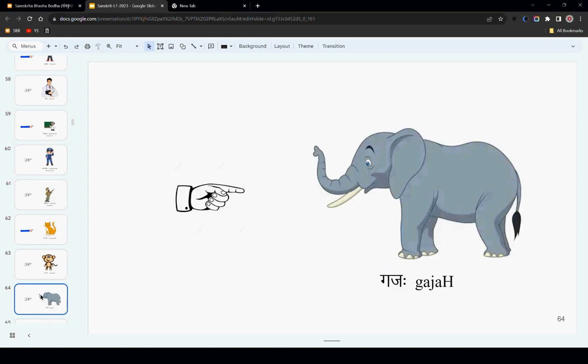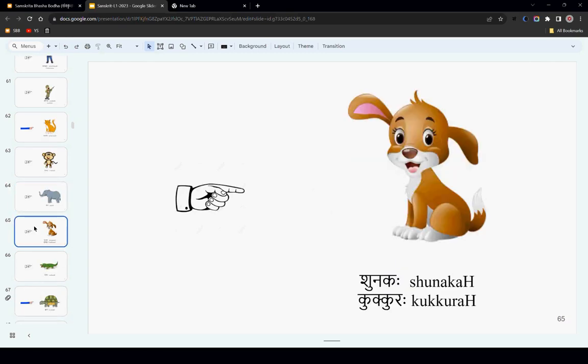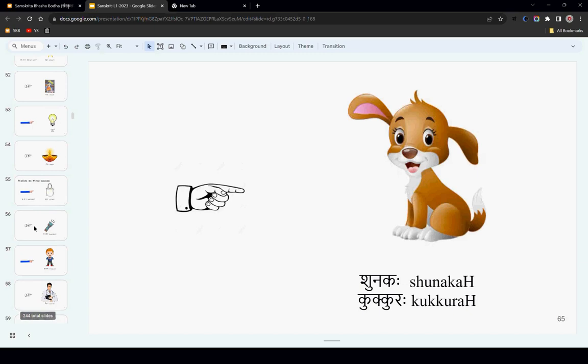Eshaha Gajaha, this is an elephant. Asti can be optionally added. Shunakaha, there are two different words here: Shunakaha and Kukkuraha, to indicate the dog.